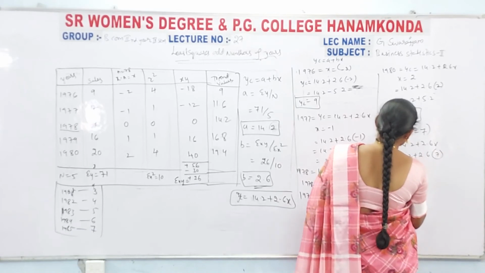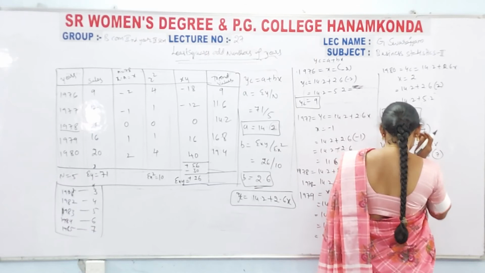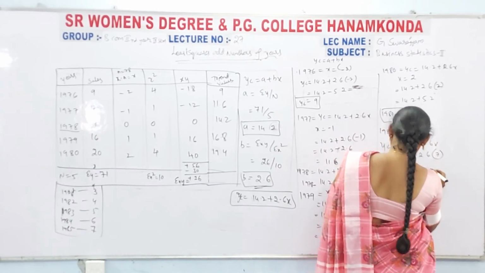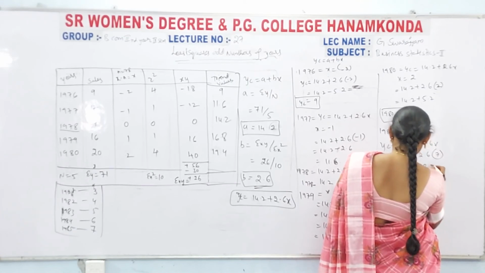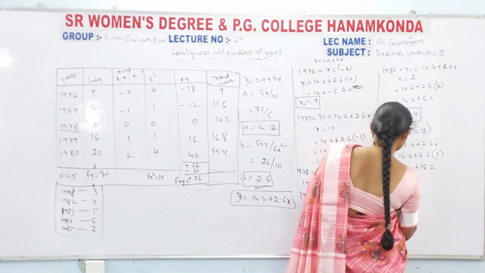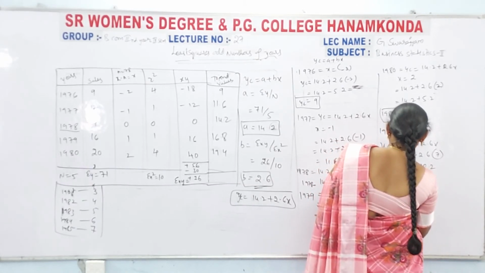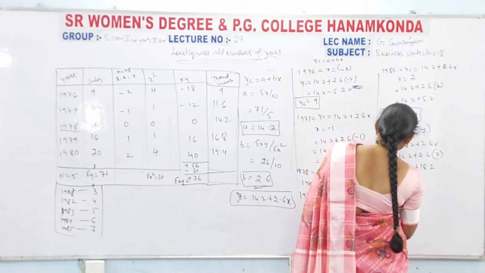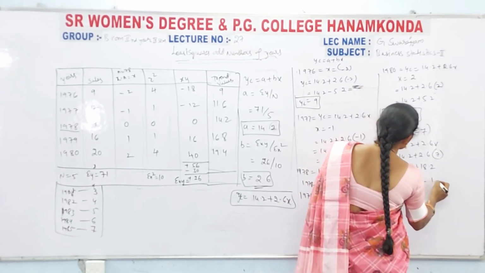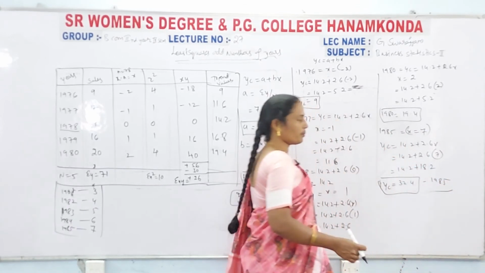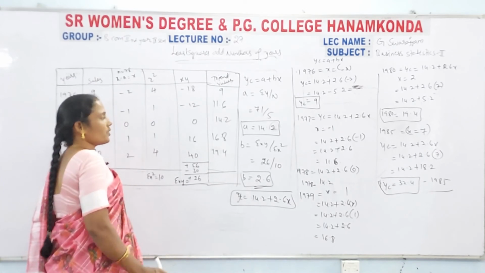The future estimated value is 7, and 7 into 2.6 is 18.2, then the total is 32.4. This is the YC for the year 1985. So, this is the process of the calculation of the YC is equal to A plus BX formula.